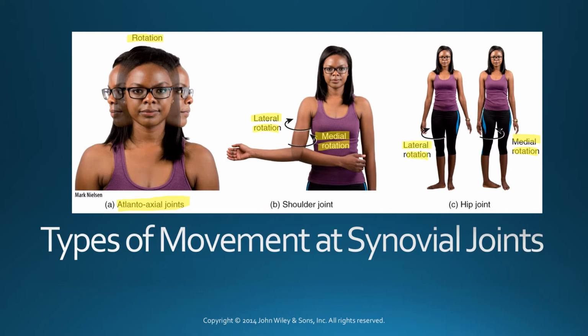So you can medially rotate the humerus at the shoulder joint by starting in the anatomical position, flexing your elbow, and then moving your palm across your chest. And then the opposite would be lateral rotation. Medial rotation of the femur at the hip joint would be to move your foot medially, and then the opposite is true when you move your foot laterally.